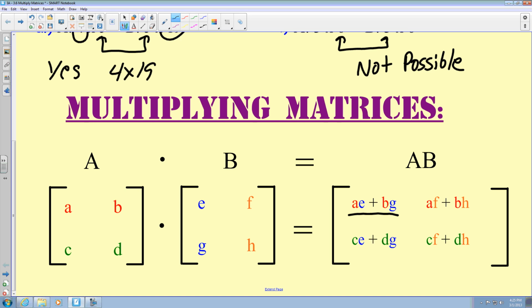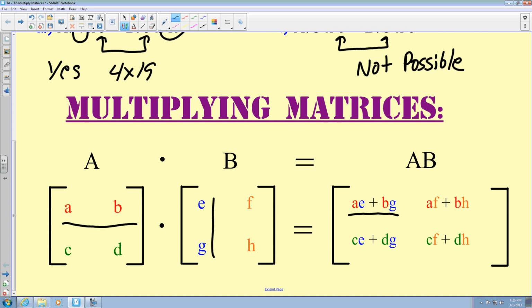In order to find row 1, column 1, I'm going to use the rows in matrix A and the columns in matrix B. So row 1 in matrix A, column 1 in matrix B. And that's where I'm able to use my values of A times E plus B times G.